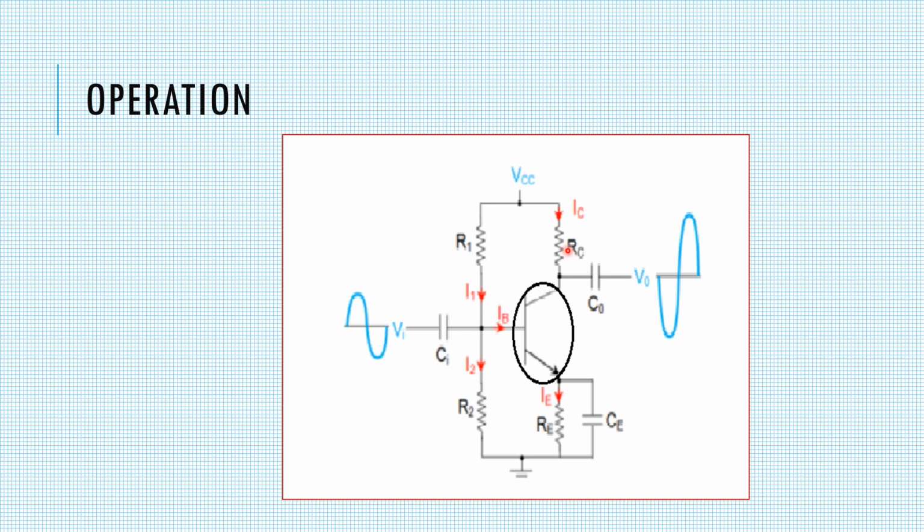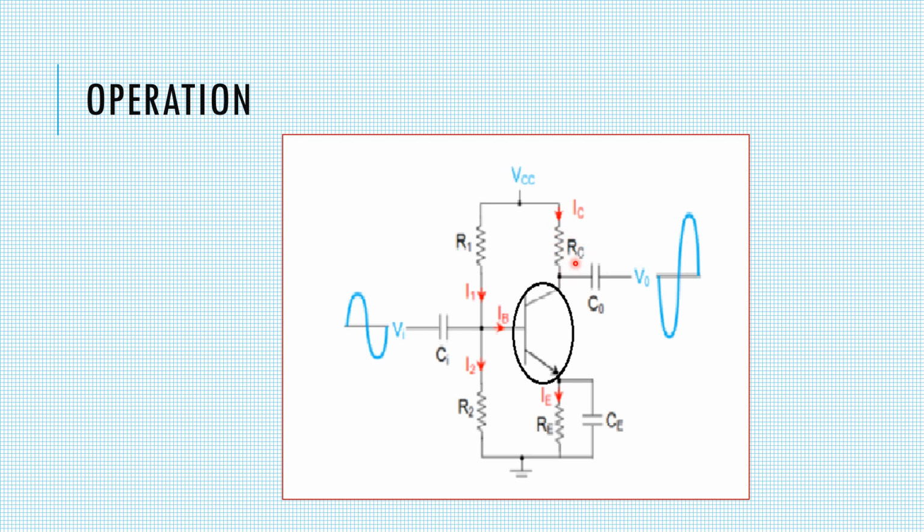For the negative half cycle, this negative half cycle decreases the forward bias voltage across the emitter base junction. The decreasing forward bias decreases the collector current through the collector resistor RC.